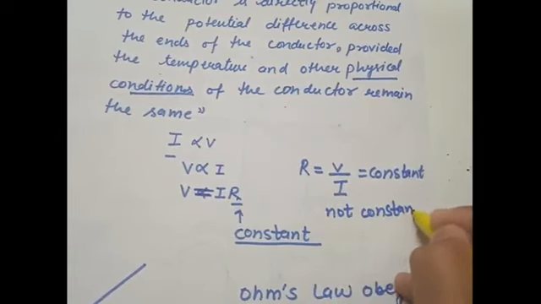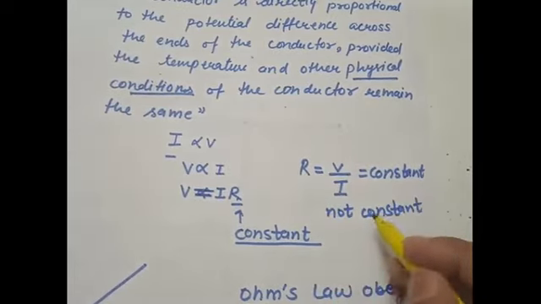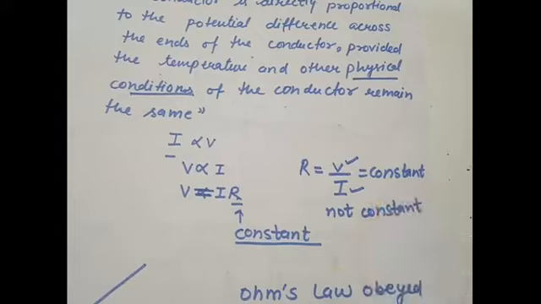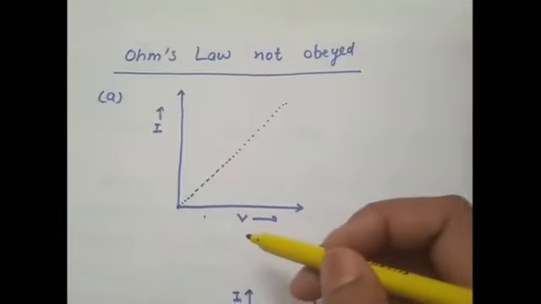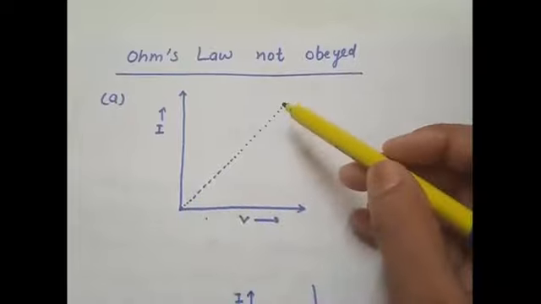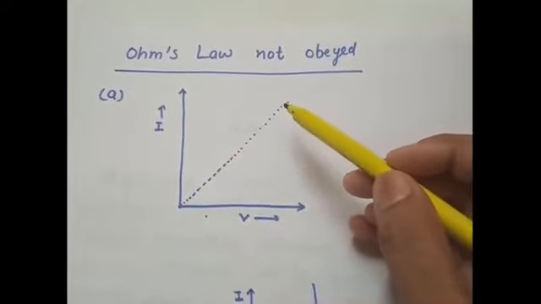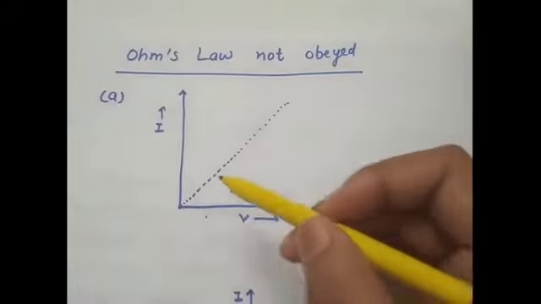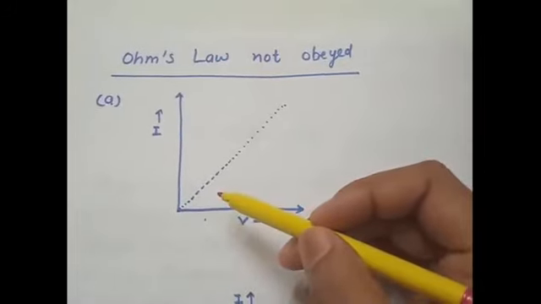That means now there is no proportional relation between the potential difference of the circuit and the current flowing in the circuit. That means at higher temperatures, this should be the linear relationship between the potential and the current, but when the temperature rises, the resistance is also increasing.